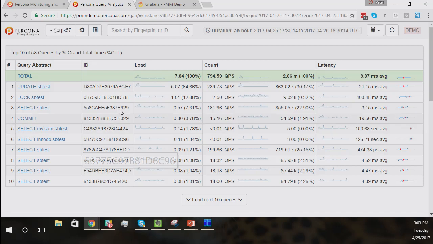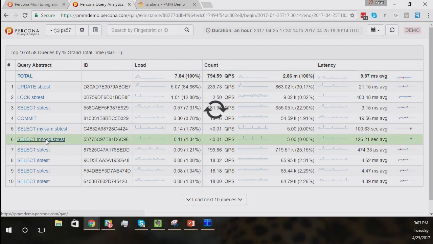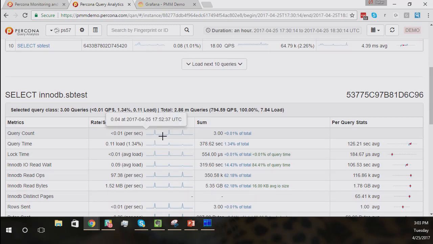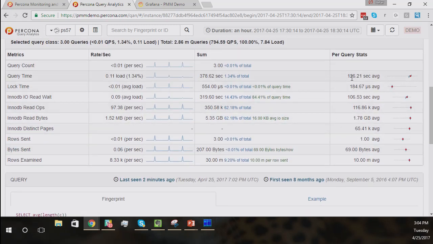Okay, so now we can take a look at the queries and look at what exactly the queries are doing. I will show this query as an example. If you look at this query, you can see this query is pretty rare. It just happens only periodically, but that is a pretty bad query, where it takes more than 2 minutes to run.